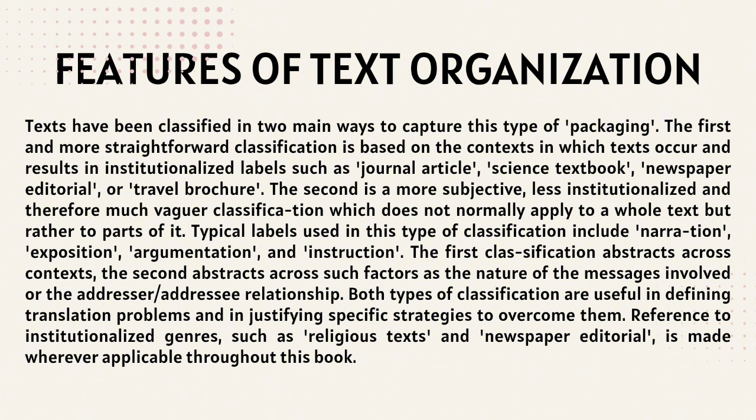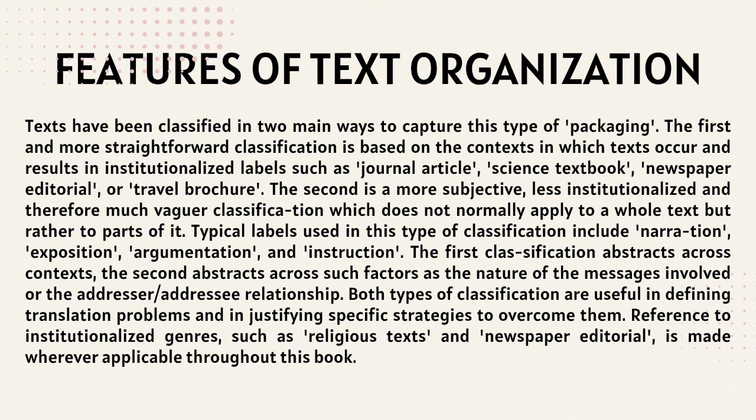Texts can be classified in two main ways to capture this type of packaging. The first and more straightforward classification is based on the context in which texts occur and results in institutionalized labels such as journal article, science textbook, newspaper editorial, or travel brochure.